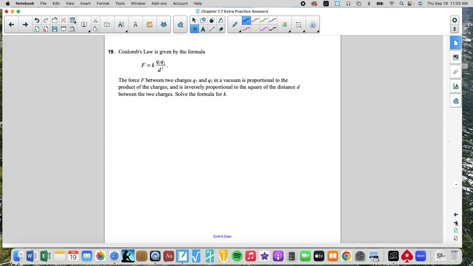Coulomb's law is given by the formula F equals K times q sub 1 times q sub 2 over d squared. Oh, you got some subscripts and some superscripts. The force between two charges, q sub 1 and q sub 2 in a vacuum, is proportional to the product of the charges and is inversely proportional to the square of the distance d between two charges.